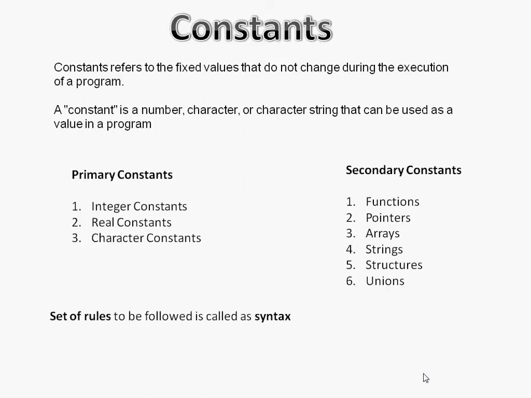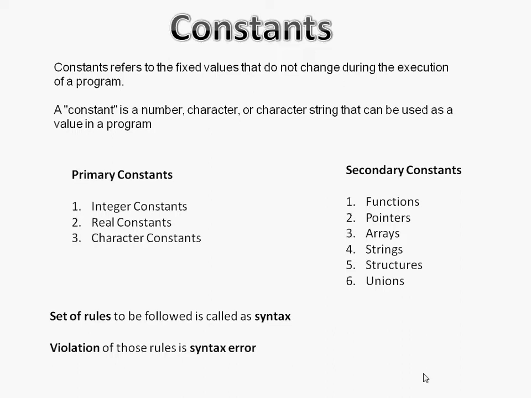Whenever we are defining a constant, we need to follow some set of rules. Following those set of rules is called syntax. And whenever we are violating those rules, the program will throw a message saying a syntax error.